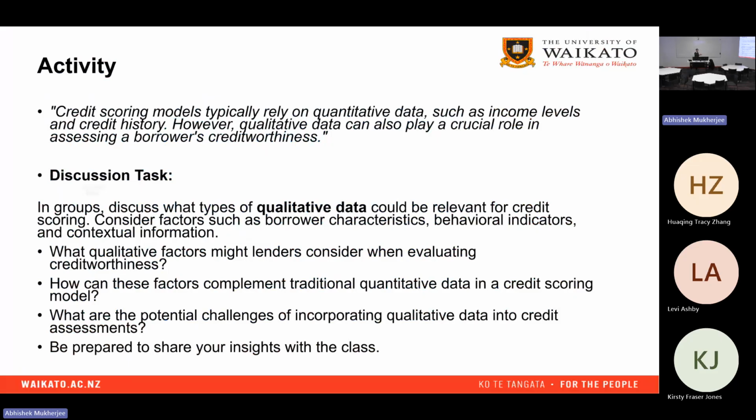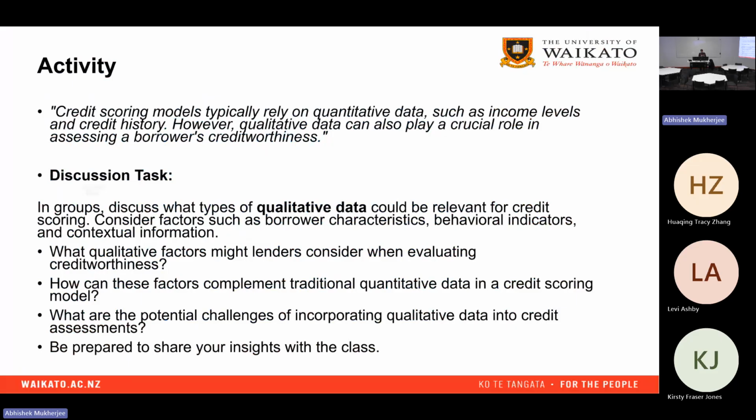If you go to Pak'nSave or other grocery stores and use your PayWave, they're not charging. But if you go to a dairy store, they will charge. If the consumer is not aware of these differences, it can be very small, but it adds up. Now, these kinds of information are not like behavioral patterns.